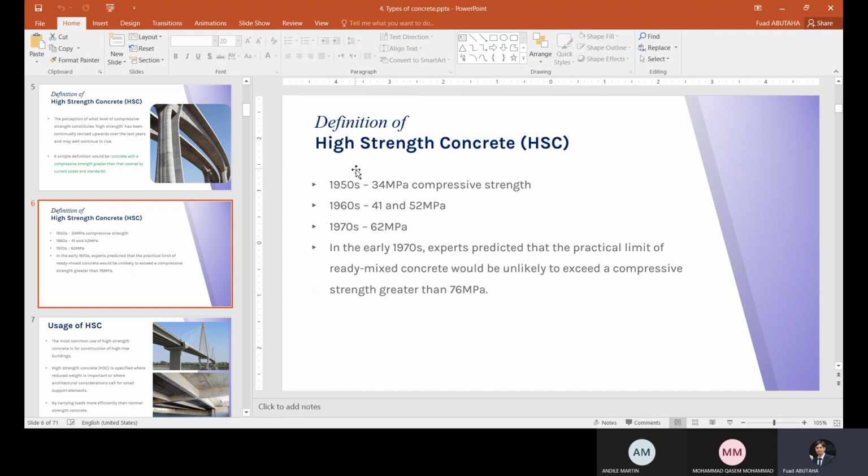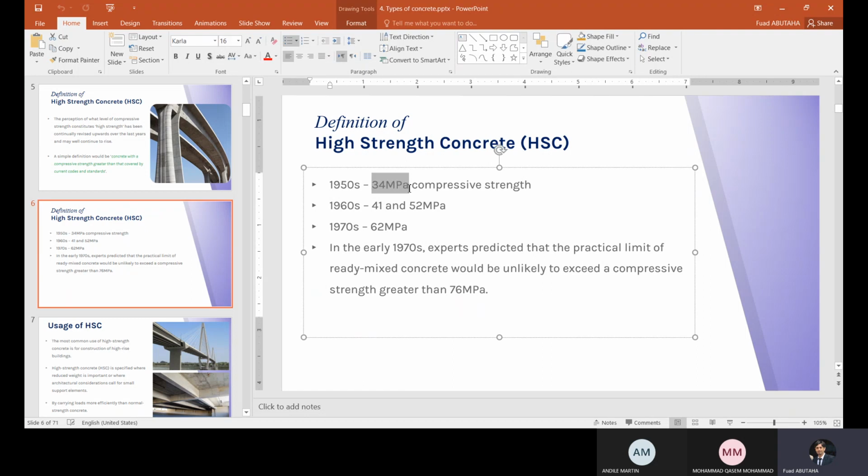Initially, in the 1950s, for example, any concrete with a compressive strength of 34 megapascal and higher, we could call high strength concrete, and concrete below 34 megapascal we called normal concrete. So 34 megapascal was the compressive strength that differentiated between normal and high strength concrete.